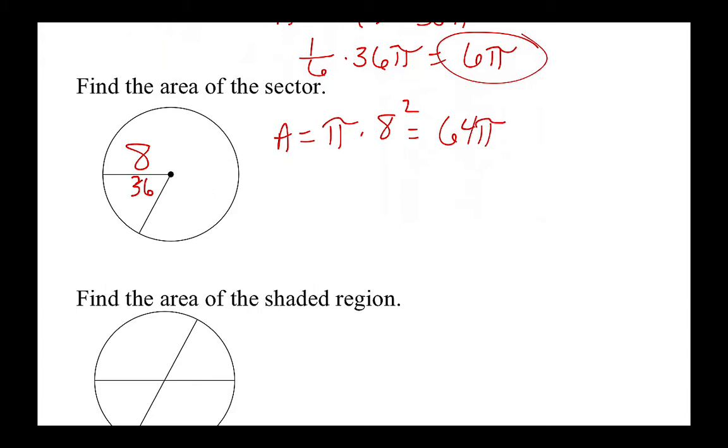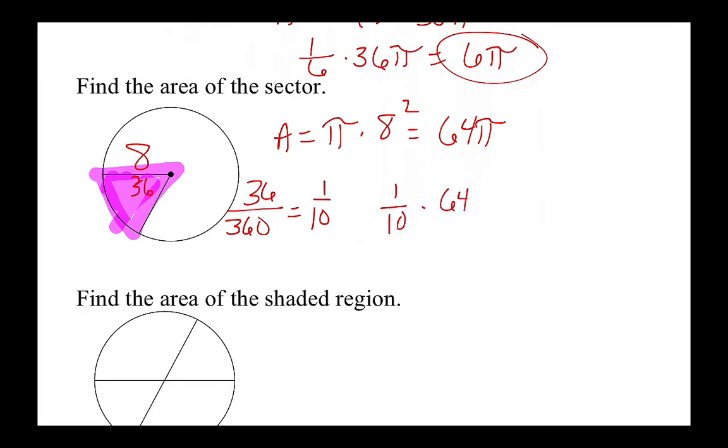We need to know what fraction of the circle we are cutting off, because we're only interested in this sector of the circle, or this section. We have 36 degrees out of a possible 360 degrees, which is exactly 1/10 of the circle.